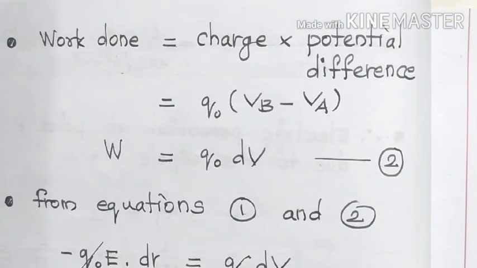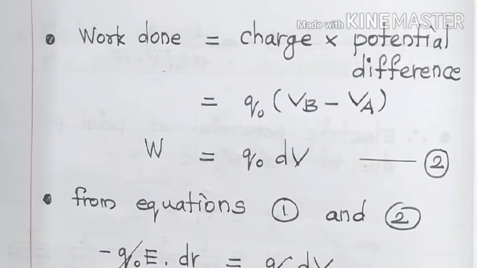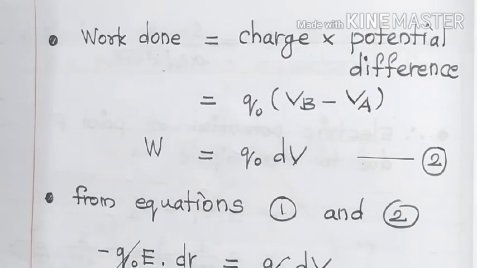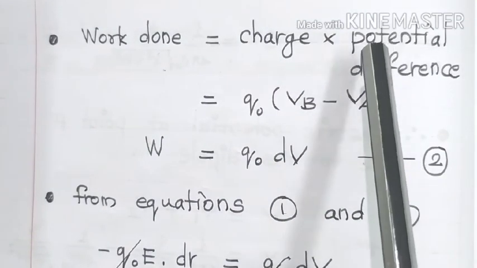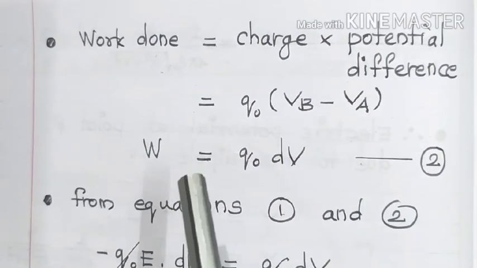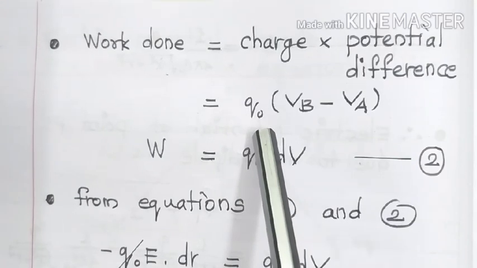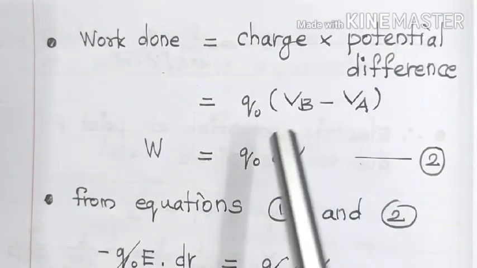Then for work done there is another formula: work done is equal to charge into potential difference. The charge is Q naught, but what is the potential difference?